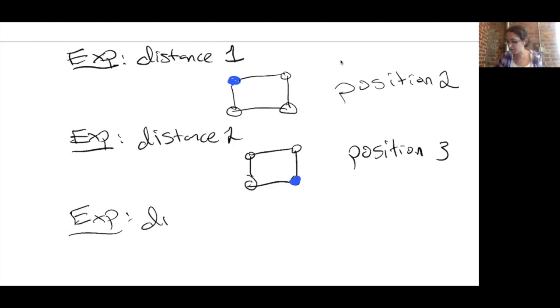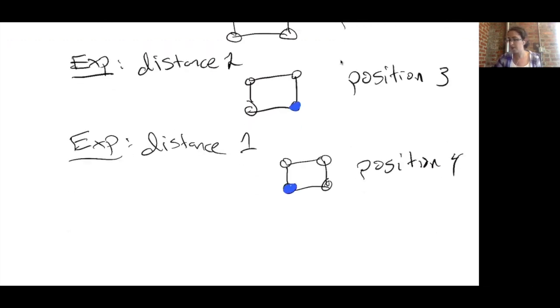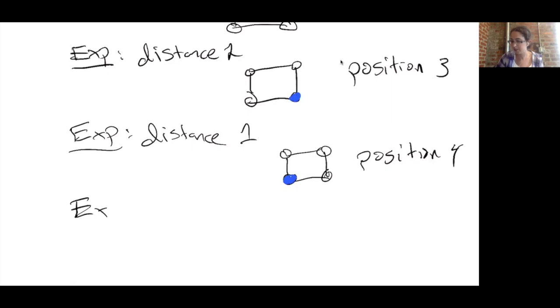But, you know, it's better than guaranteed no gain, so I'll say distance 1. But if I'm now putting on my director hat and trying to play optimally, I'm going to put the token back where it started, right? 'Cause I'm trying to minimize the number of new vertices we visit. So this is position 3. Position 4.